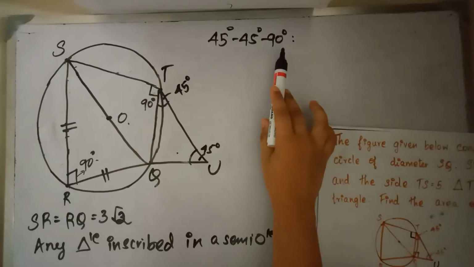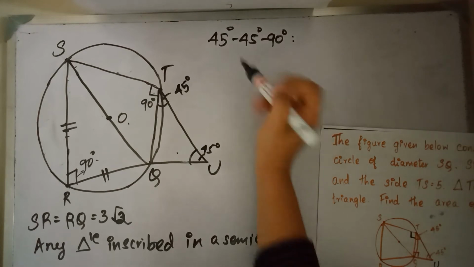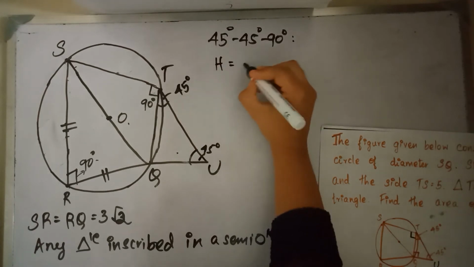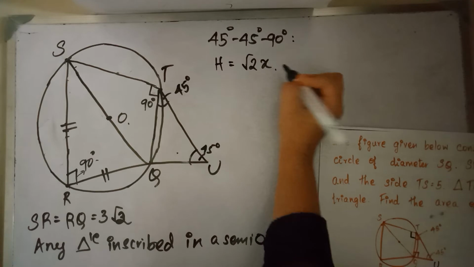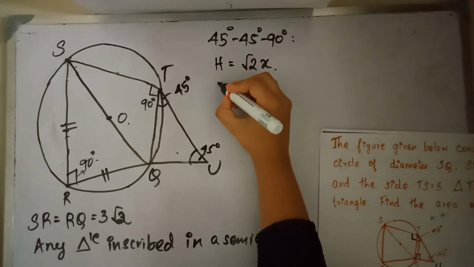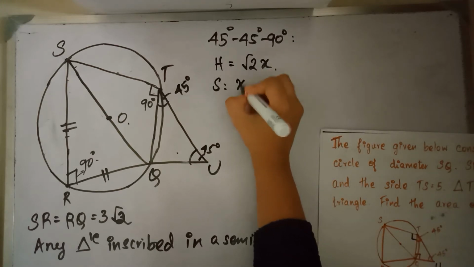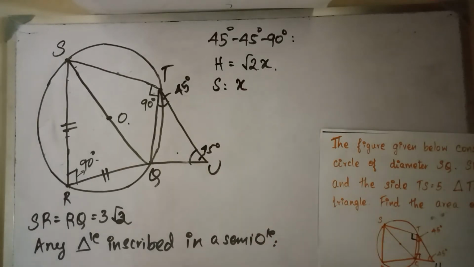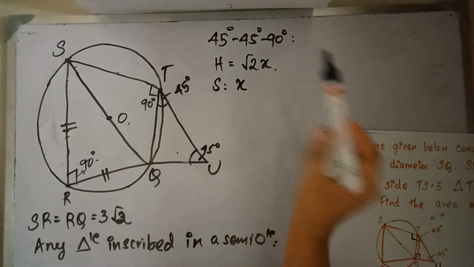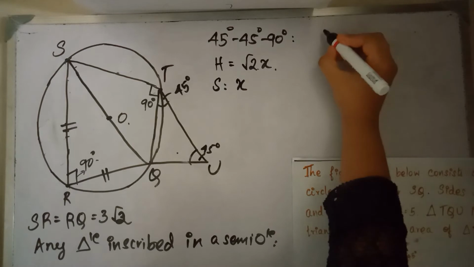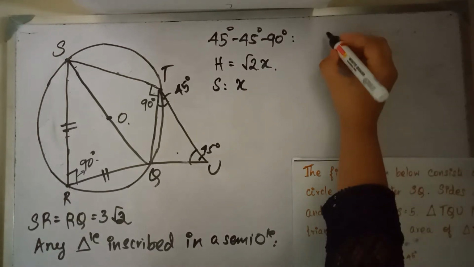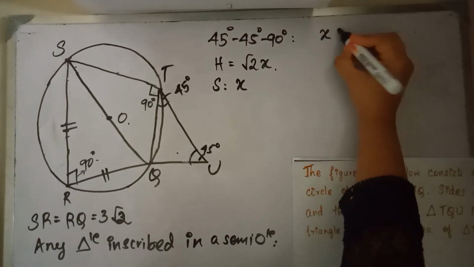If this is a 45 90 degree triangle, then the hypotenuse will be equal to root 2 into x if the other sides are x. This is a property of a 45 90 degree triangle. I've mentioned it in the other problems, but I'll do it again.